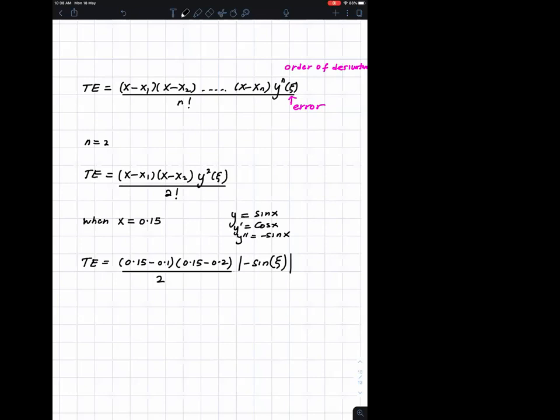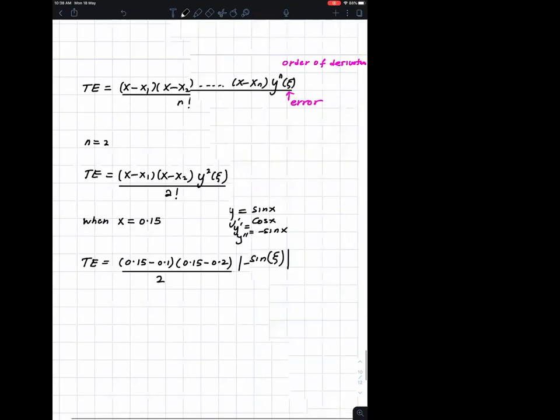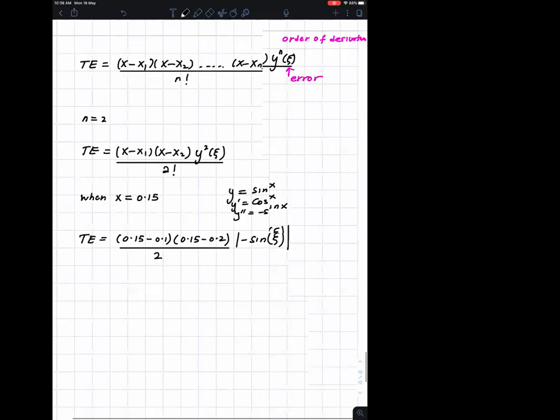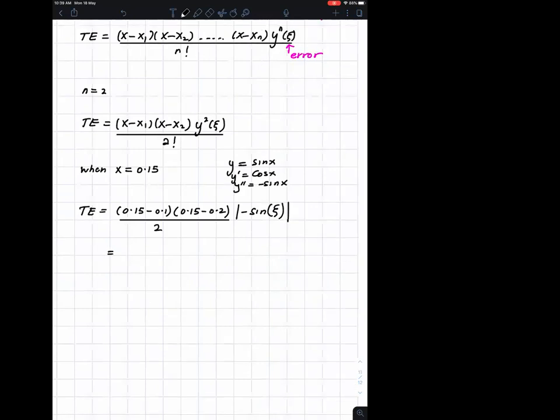So to calculate the error, once you calculate this, you'll get 0.0125.